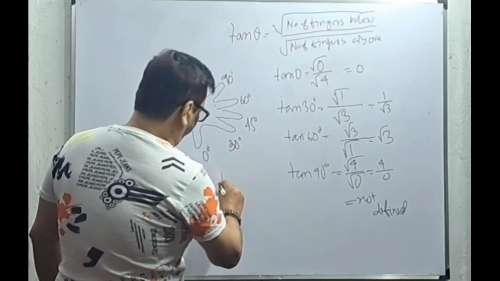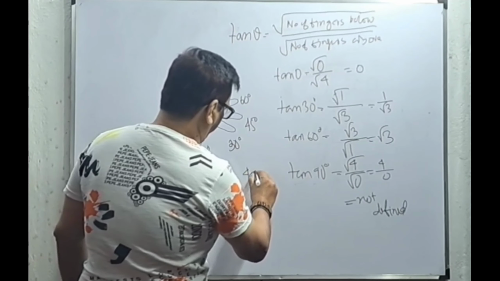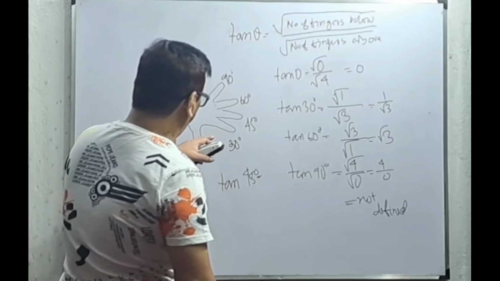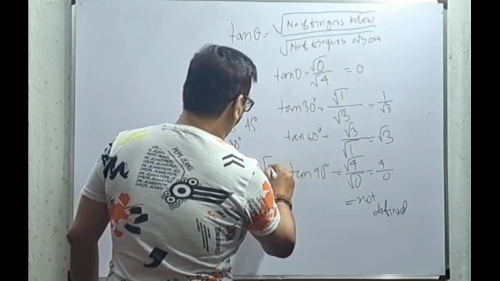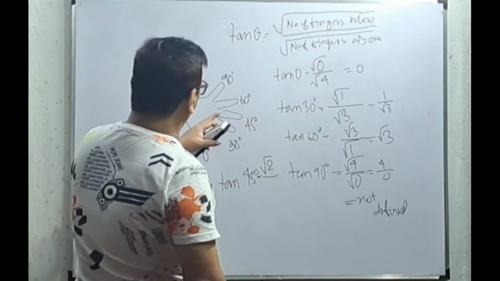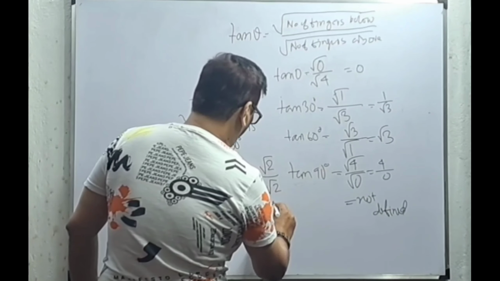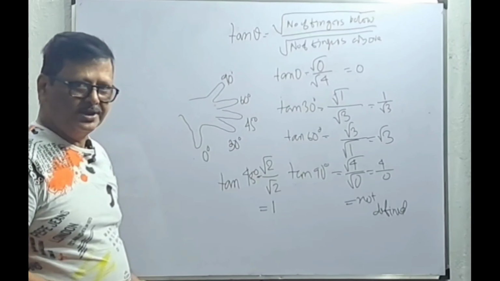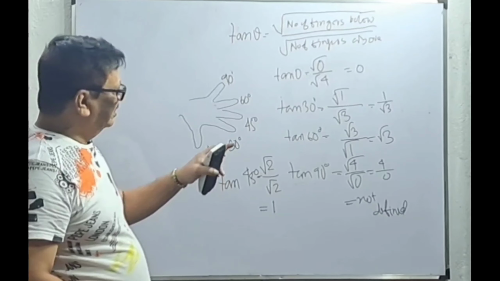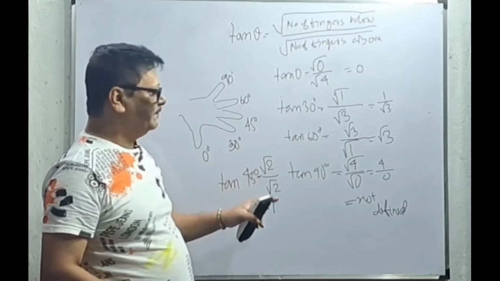So tan 45 degree: the number of fingers below 1, 2. The number of fingers above 1, 2. It is equal to 1. So these are the values of tan 0, tan 30, tan 60, tan 45, tan 90.